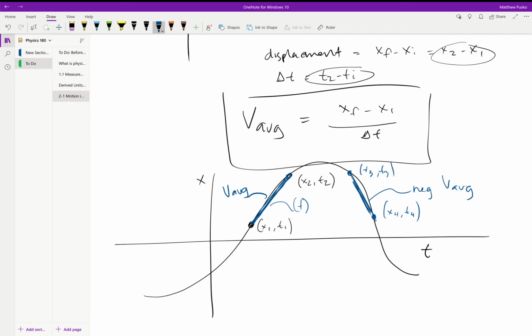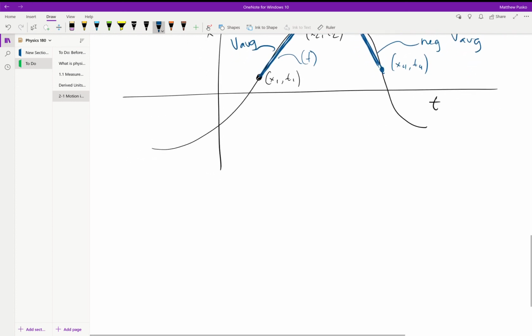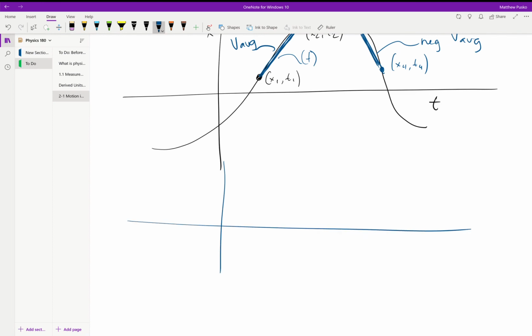Alright, if we shrink this time interval down, so I'm just going to look at this one part of the curve. If we're interested right here and we just keep shrinking the time interval down, we will end up getting a tangent to the line. That tangent is the most accurate representation of the instantaneous velocity.